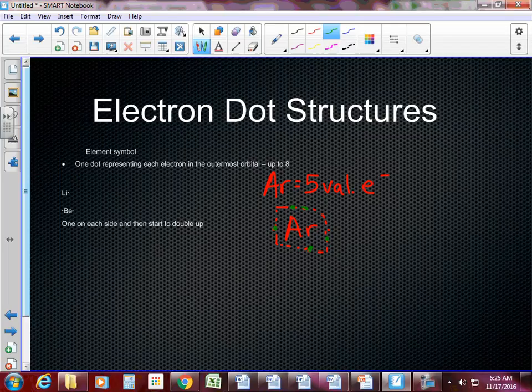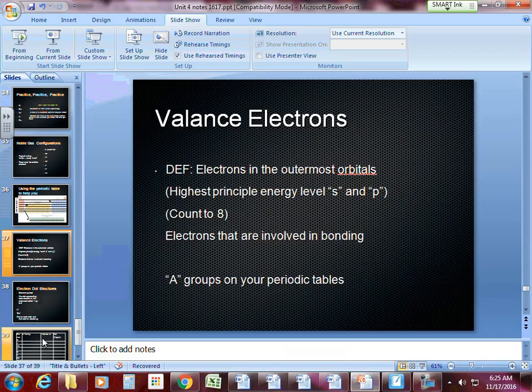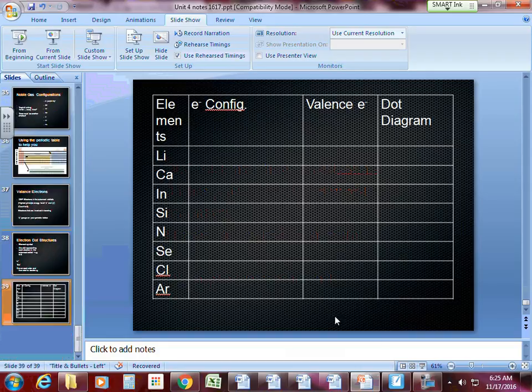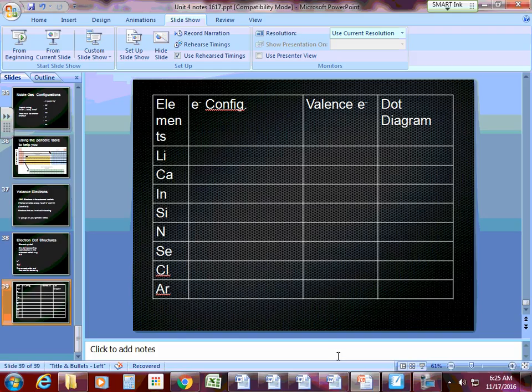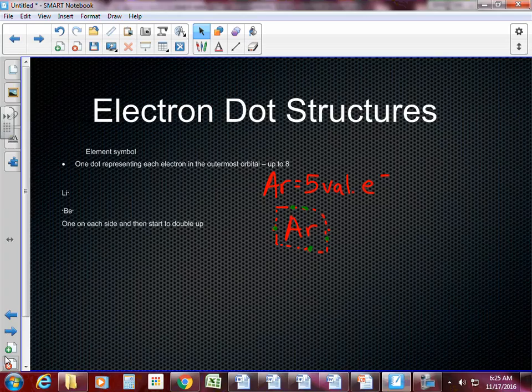Some examples of this will be on the next slide, I think, or maybe not. All right, so if we looked at lithium, let's just do one from each group.